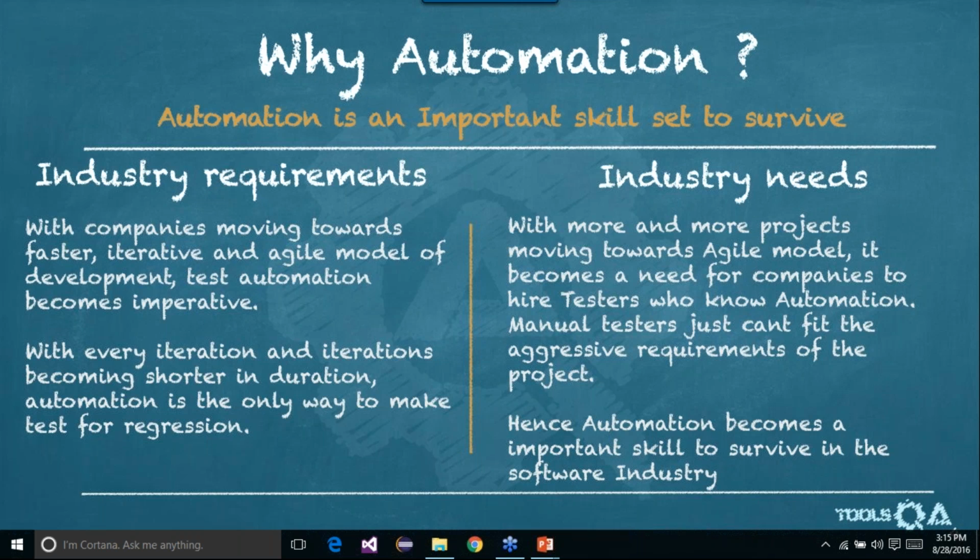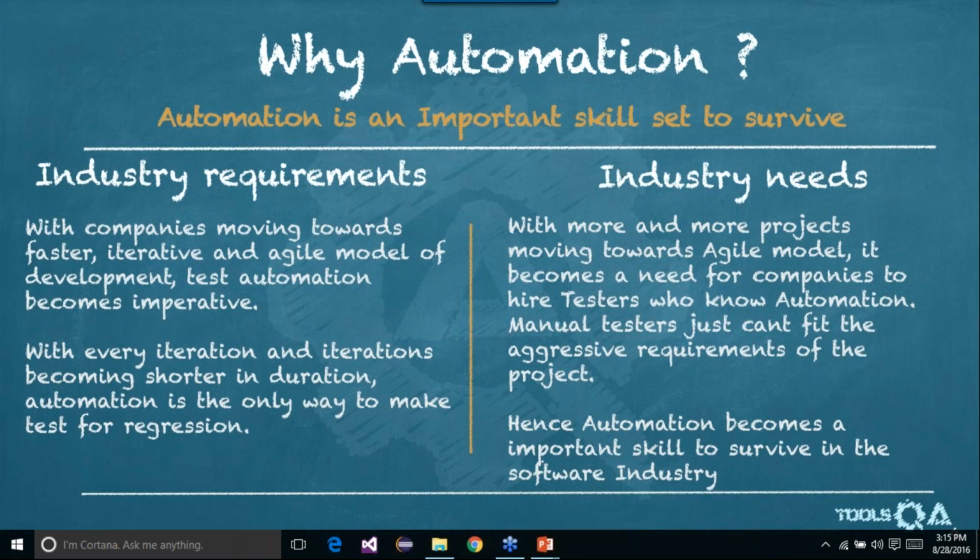They're looking for people who know automation testing. So automation testing has become a compulsory skill as compared to a desired skill or an irrelevant skill. So definitely, to stay relevant in the industry, you have to understand automation and be at the forefront of the latest technologies in automation.